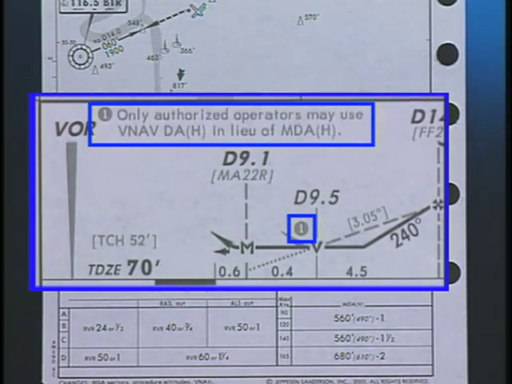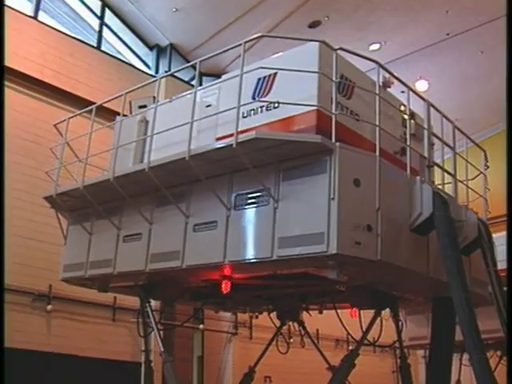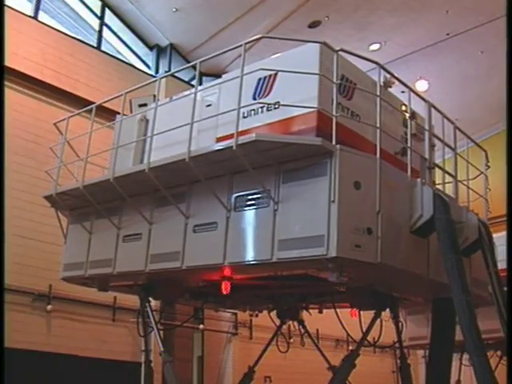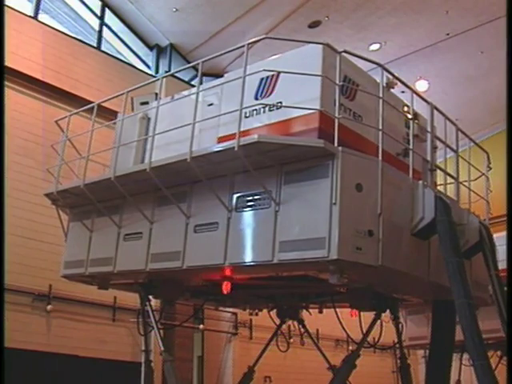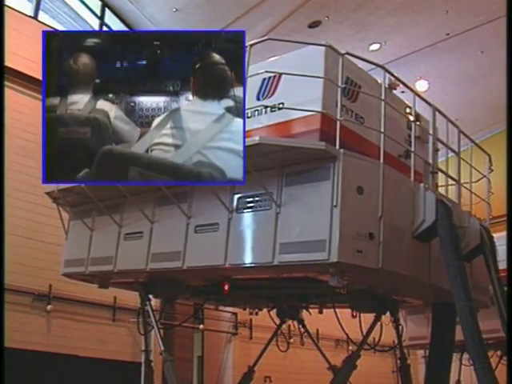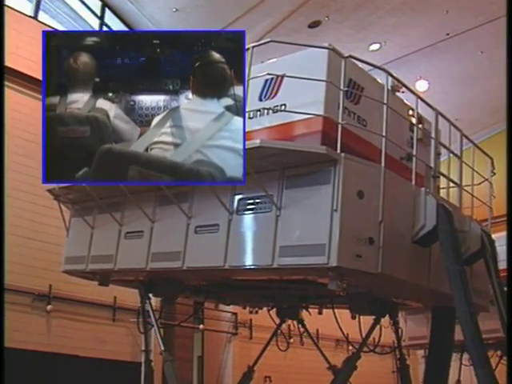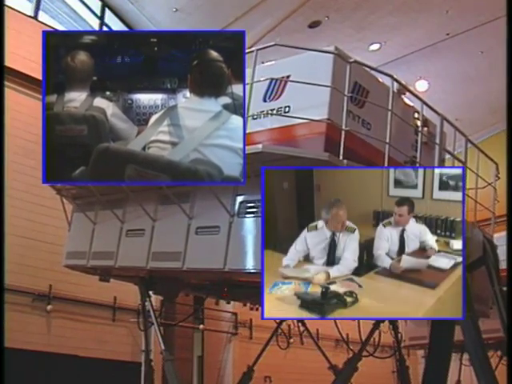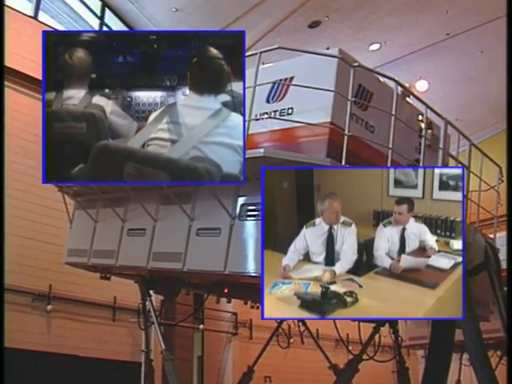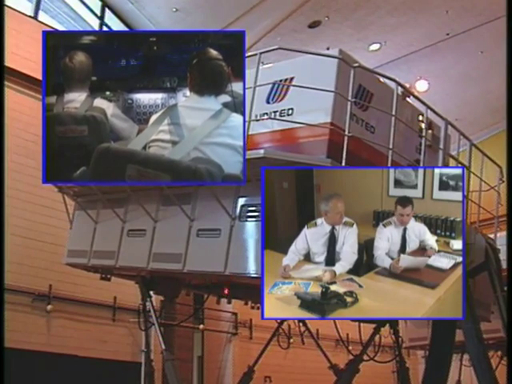This tells you that the DA(H) operational techniques apply to operators who have obtained permission from their controlling authority. Use of the DA(H) operational technique is subject to appropriate flight crew training, proper equipment, and operator approval. Contact your local FSDO for more information regarding the authorized use of VNAV decision altitudes.